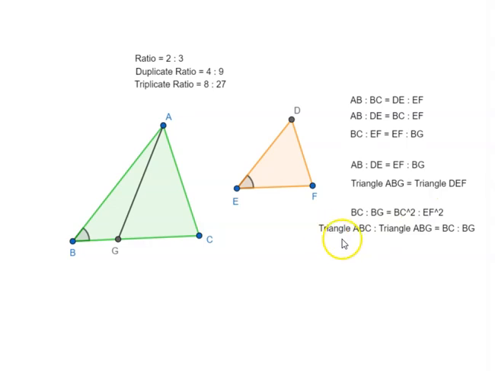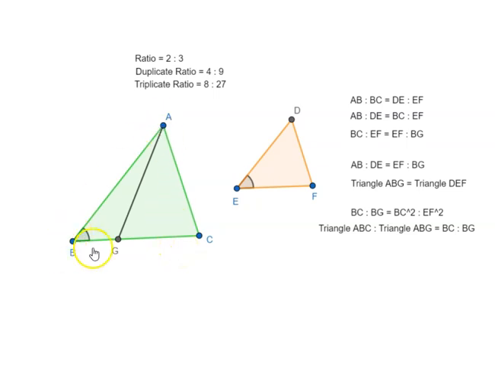I can say triangle ABC is to triangle ABG is equal to BC is to BG. On what basis? Remember, ABC and ABG are under the same height. So that means they will be proportional to the bases.